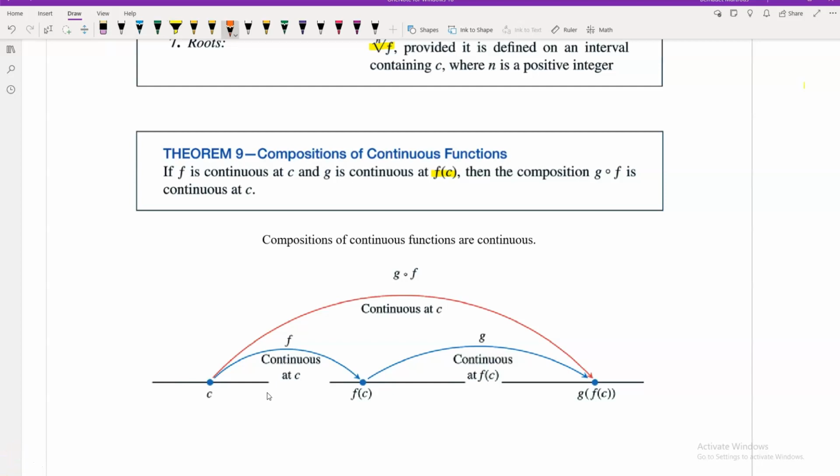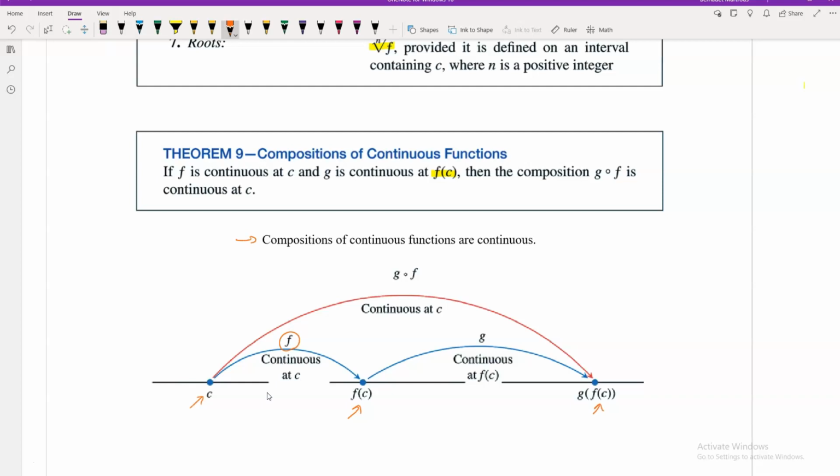So what we have here is based on theorem 9. So this function is continuous at c. So if I use, for example, our function f of x, instead of x using c, we have f of c. And then g of x is continuous at f of c, meaning that instead of x we used f of c, so we have g of f of c.